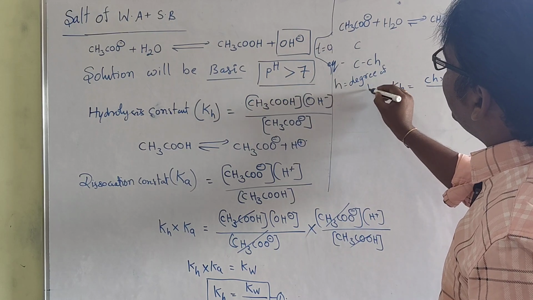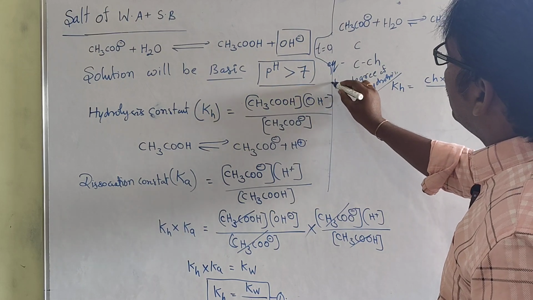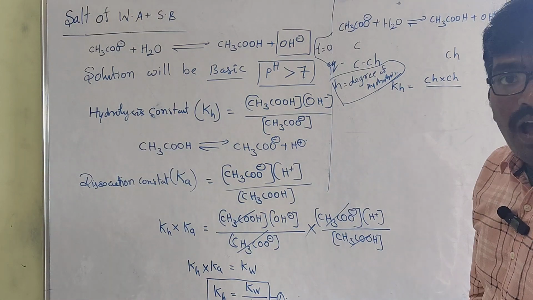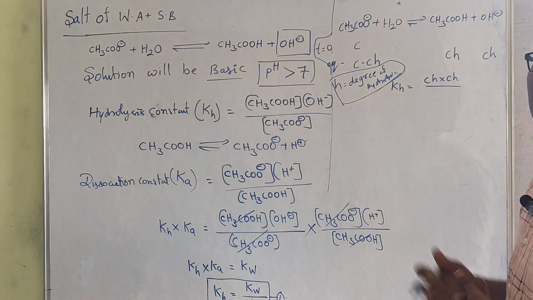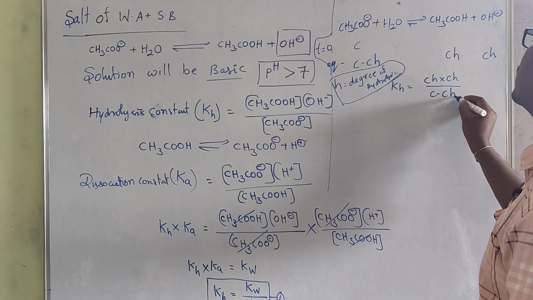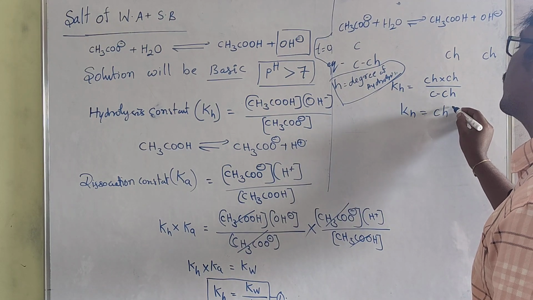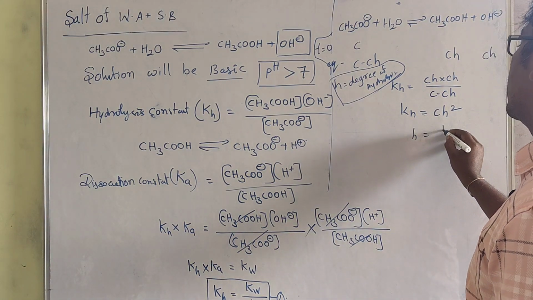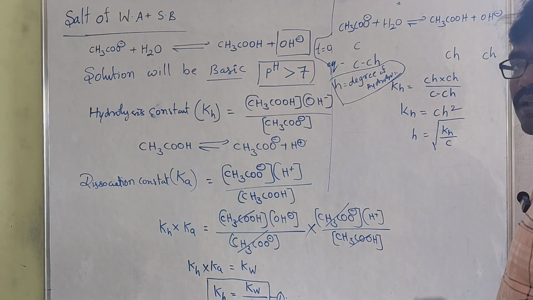Previously, for any weak acid or weak base, we take alpha, C minus C alpha, where alpha is the degree of dissociation. Here it is the degree of hydrolysis. That is the difference. Then C minus Ch. Finally, the Kh value you can get as Ch square, like this. Then h equals the square root of Kh divided by C. Then you can get the h value like this.